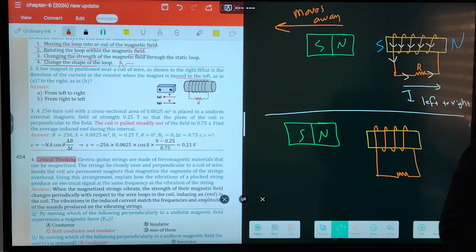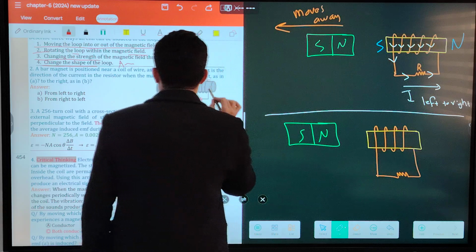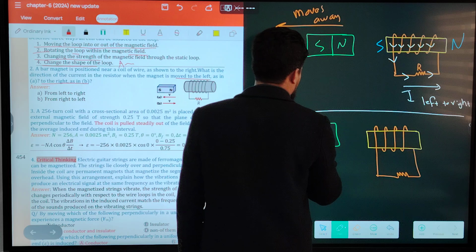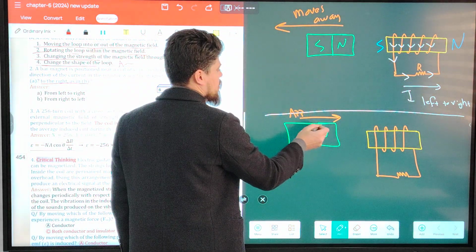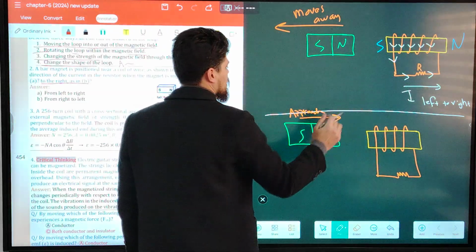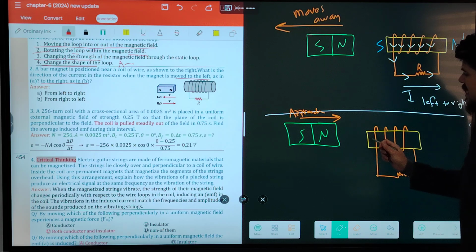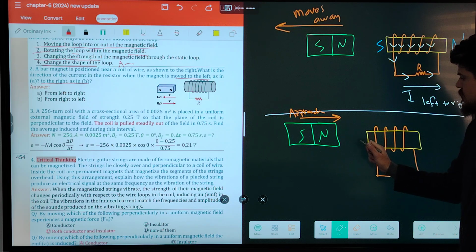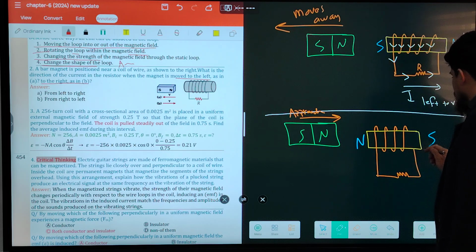In the second case, in figure B, when the north pole of the bar magnet is moved to the right, it means the north pole approaches the coil. According to Lenz's law, when the north pole of a bar magnet approaches the coil, the end of the coil becomes the same pole as the bar magnet. This end becomes north, so this end is south.